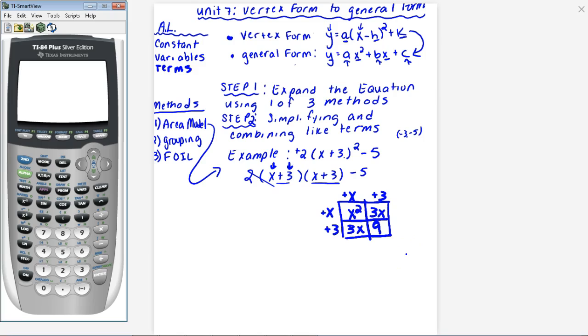Okay? Now I have an entire expression, and just make sure you know that these are all positive. So it's positive x squared, positive 3x, positive 3x, positive 9. And we're going to put them back in.